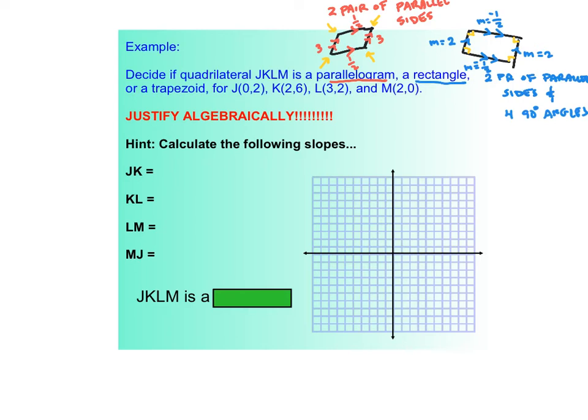Now, a trapezoid only has one pair of parallel sides. So, for example, these two sides here would be parallel. So let's say the slope of this side is 0 and the slope of this side is 0. This would be a trapezoid provided that the slopes that are consecutive, let's say 2, and the slope here is -1.